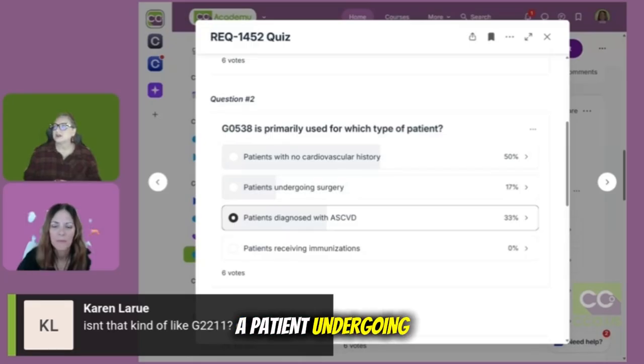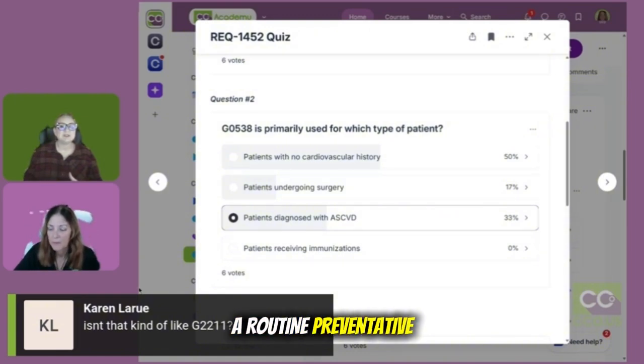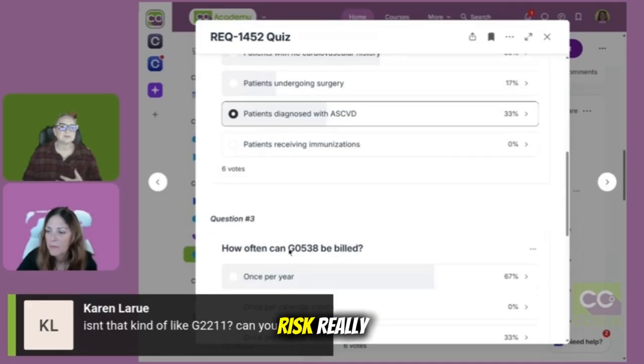A patient undergoing surgery, yeah, you could do that tool to see if they're at high risk, but really it's D, because a patient receiving immunization is coming in for routine preventative medicine, and then you can go ahead and do that assessment because they were identified as high risk. Really, that's a tricky question. Yeah, it wasn't a good one.